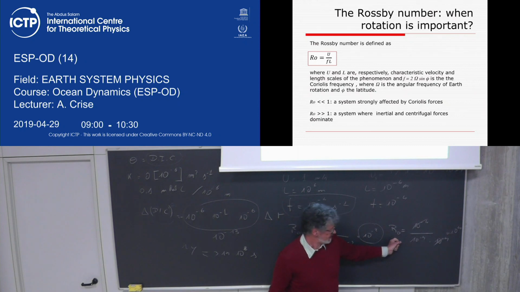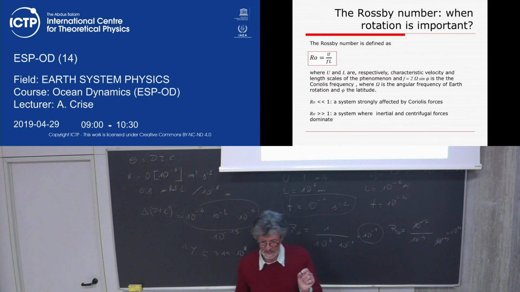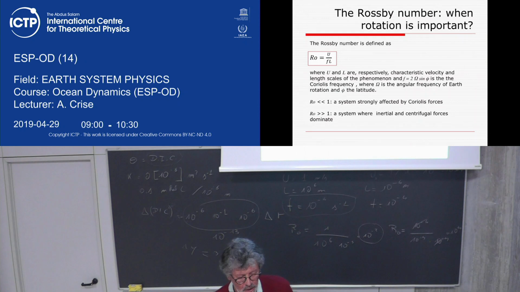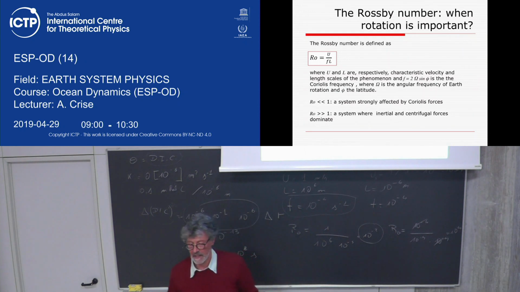This means that in this case, f is not important. We can study the movement of this organism without considering Coriolis, because the scale of the process is much less.